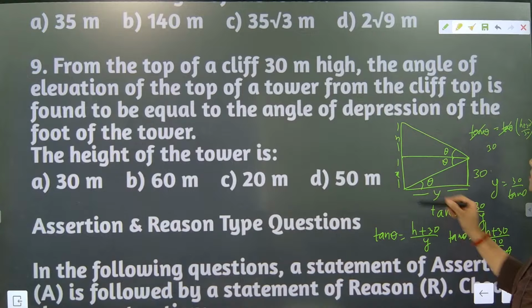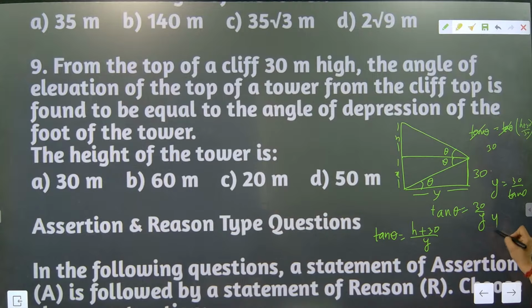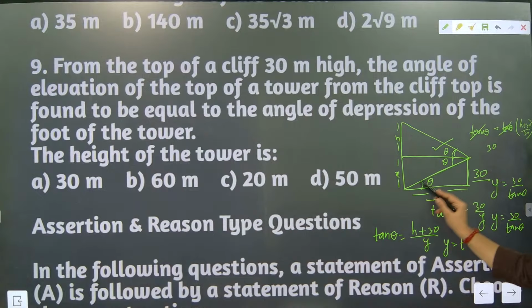Depression angle is this. 30 is the height of the cliff. Y is equal to 30 by tan theta, that is perpendicular by base, and here it is h plus x, where x is 30 by y.